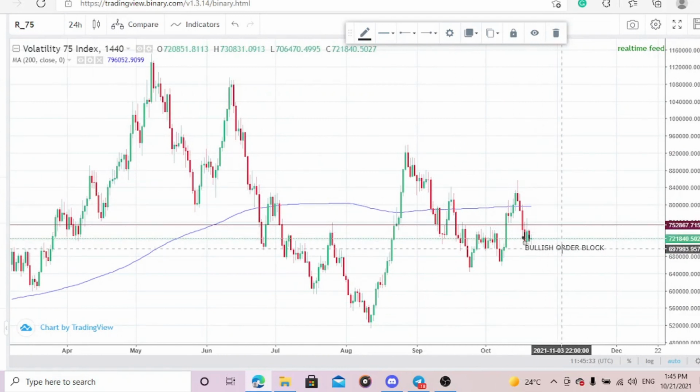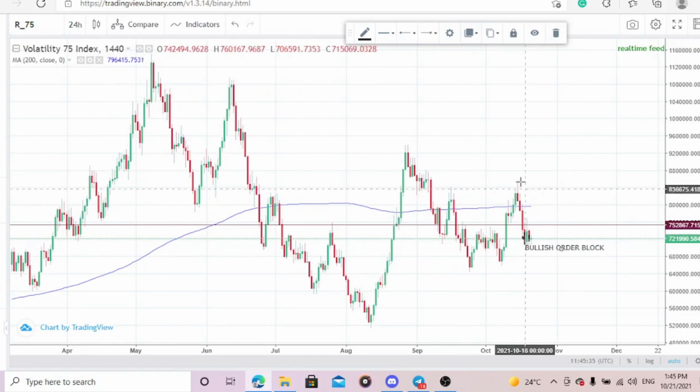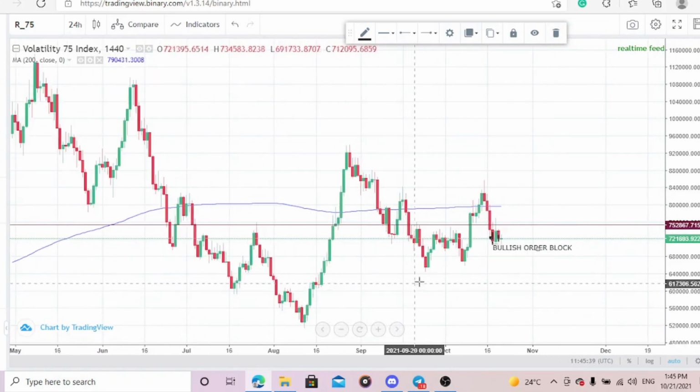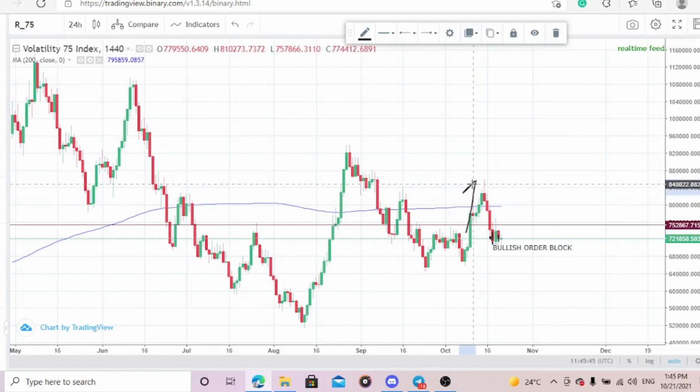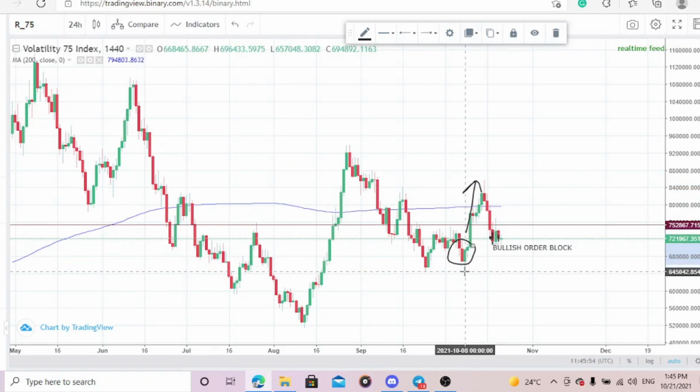On the daily chart, let me just make this a little bit bigger. I saw that the market went up, creating this bullish order block over here.